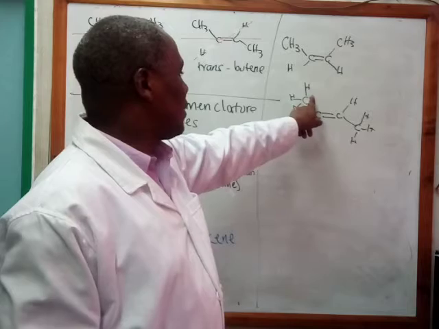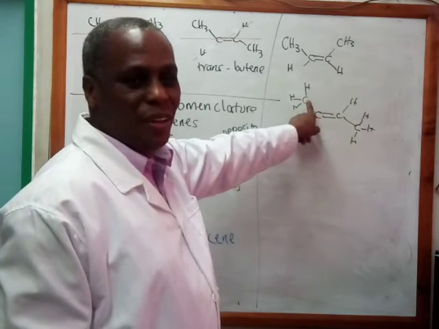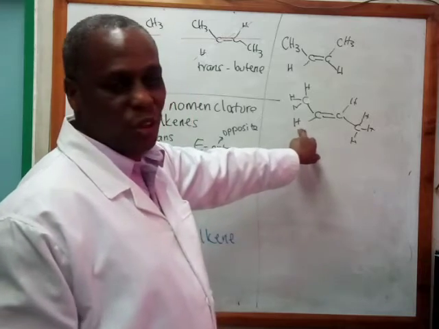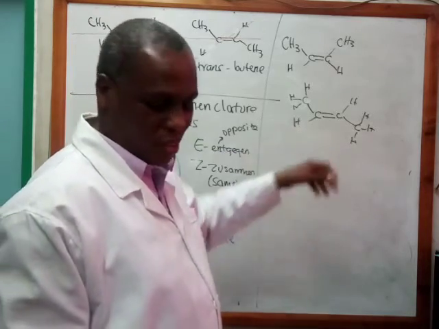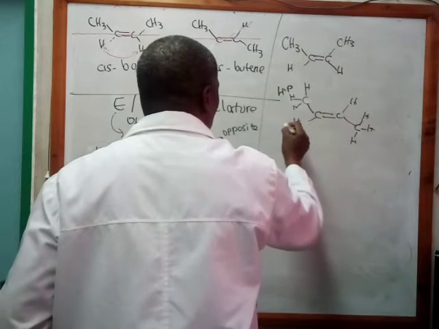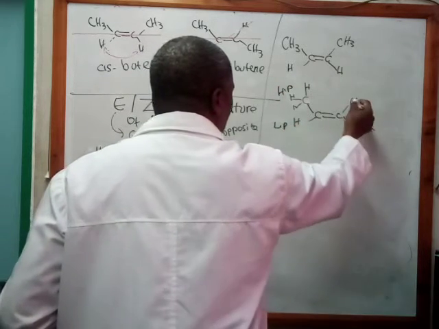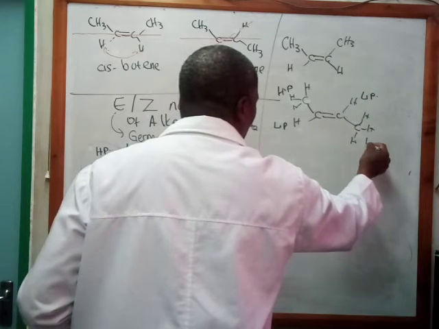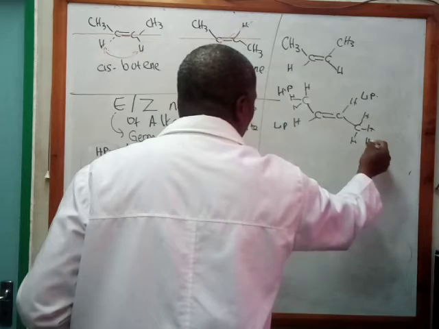And therefore, this group containing carbon is going to be said to be a high priority, and the hydrogen will be taken to be the low priority. So I'm simply going to put here high priority. I'm going to put low priority. In this case, the hydrogen will be low priority. This will be hydrogen. This methyl group will be high priority.